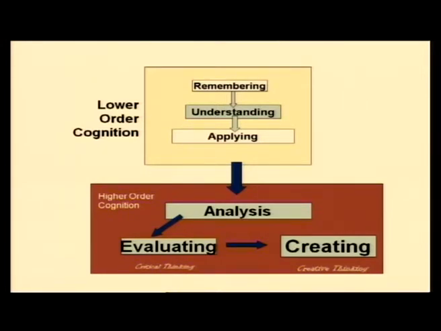That is why it is important, if we want to take our learners to a higher level, that we write the learning objectives at the analysis level, the evaluation level or the creativity level. We teachers, majority of the time, write learning objectives at the lower level of cognition, that is only remembering.